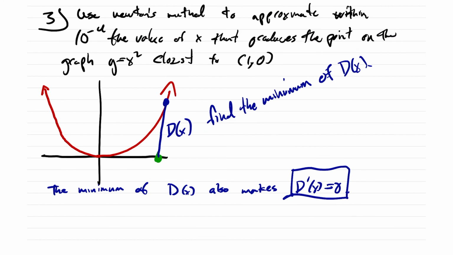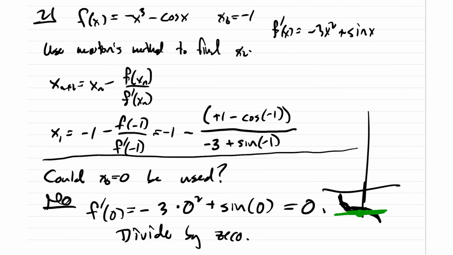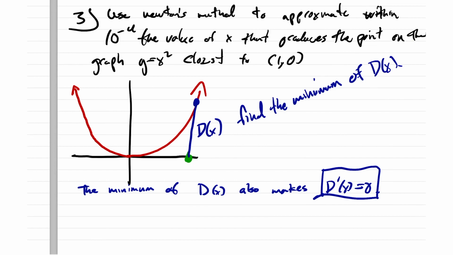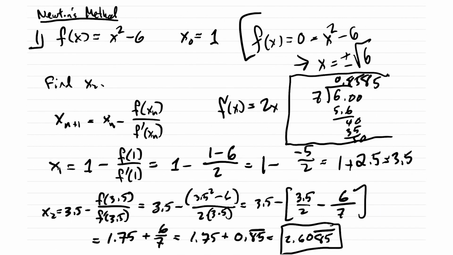I think it's mostly done. Let's see, was there anything else I wanted to go over here? Oh, yeah, this was silly. This should be 7. I don't know why I did that.